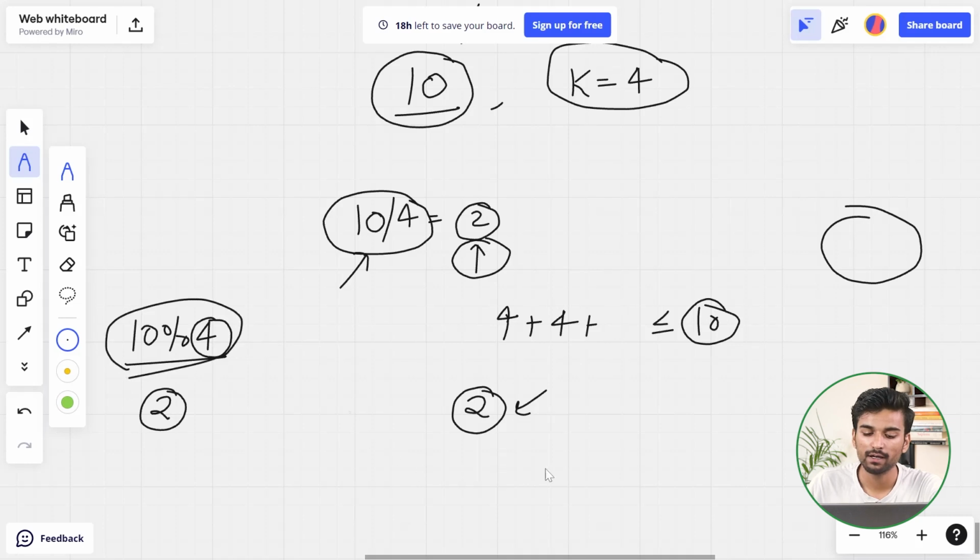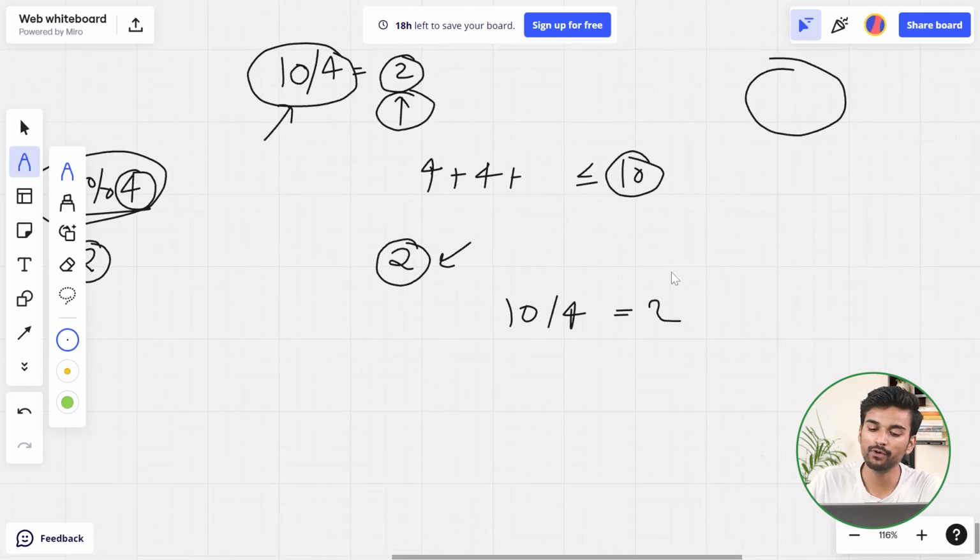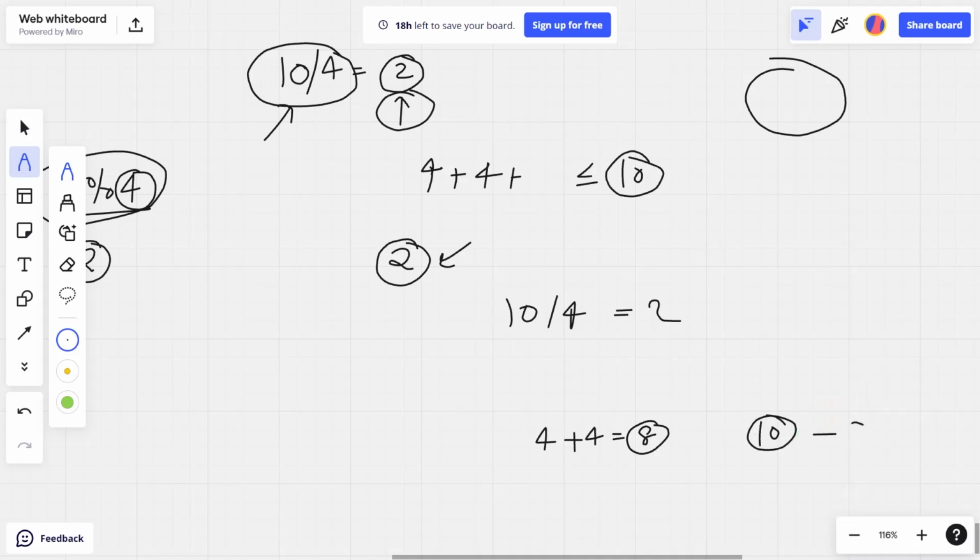Here we can see 10 and 4. The value comes out to be 2. Add 4 two times, so it is 8, right? What about the remaining value? I want my total sum as 10, but I am only getting 8. So the remaining value is 2, and this remaining value will always be lesser than k.